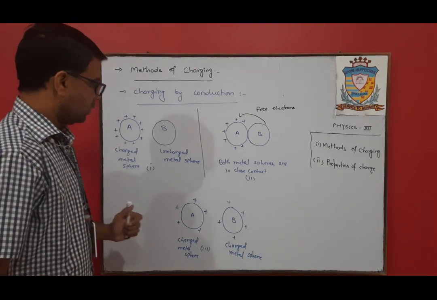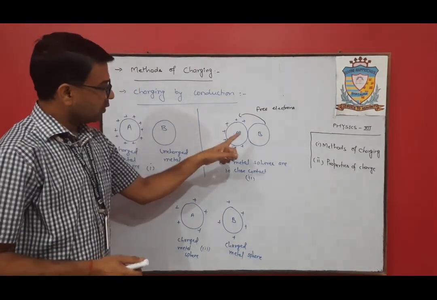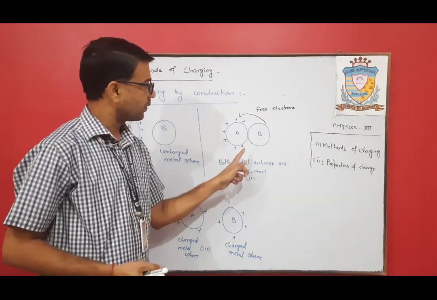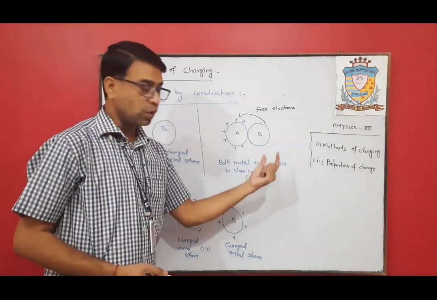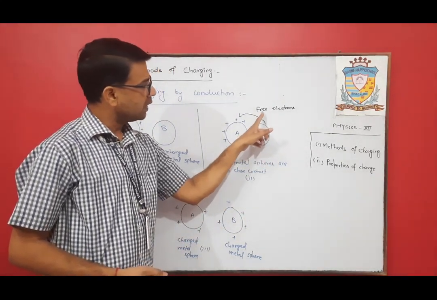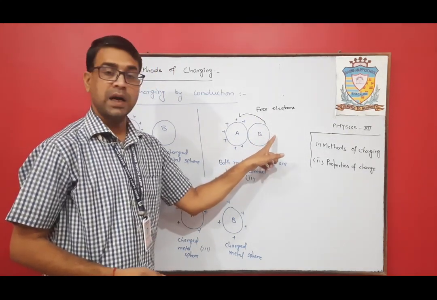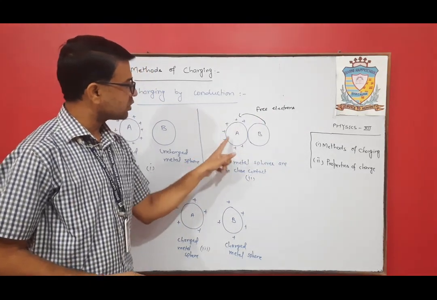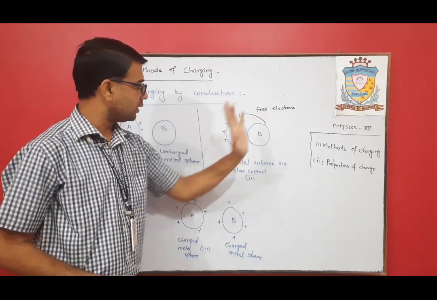Okay, so now the question is how this happens. Due to the movement of free electrons from B to A, some positive charge is generated at B. As we know, if there is loss of electrons from one body, positive charge will be generated at this body. And due to movement of these electrons, some positive charge of metal sphere A will be neutralized by these electrons.